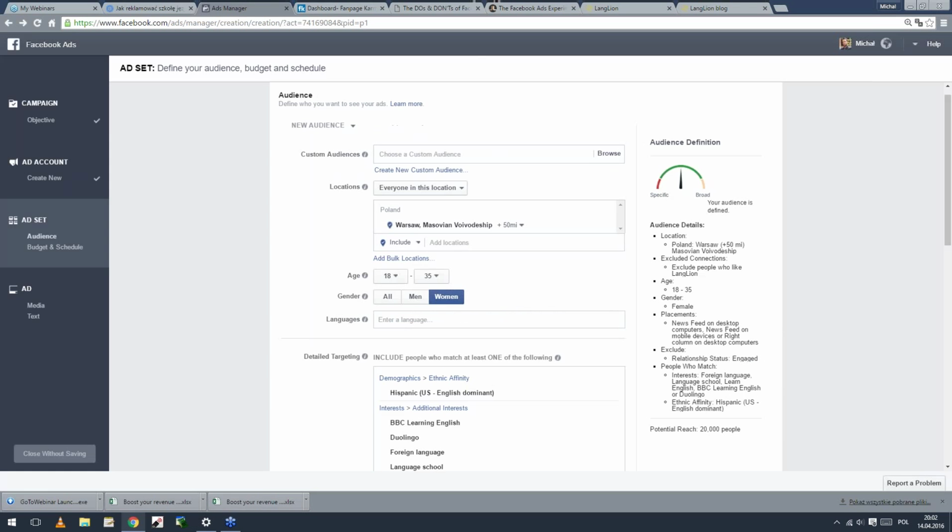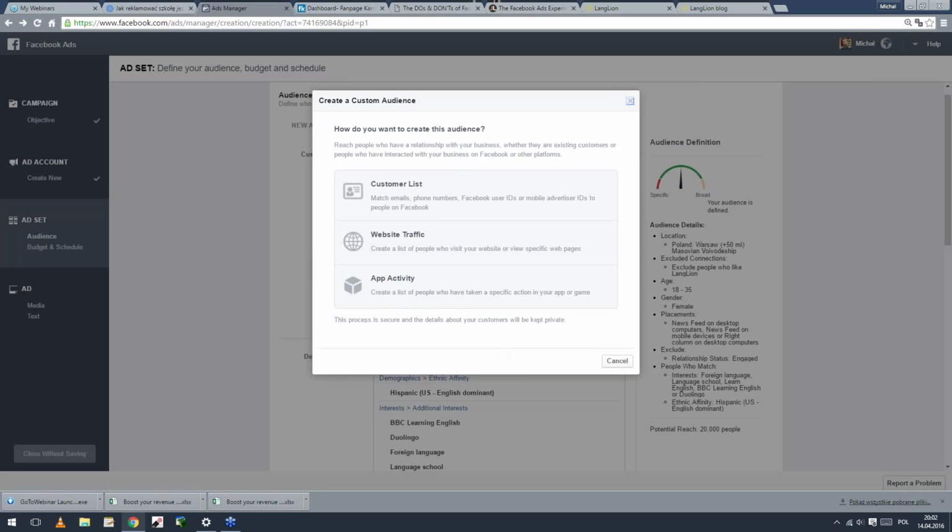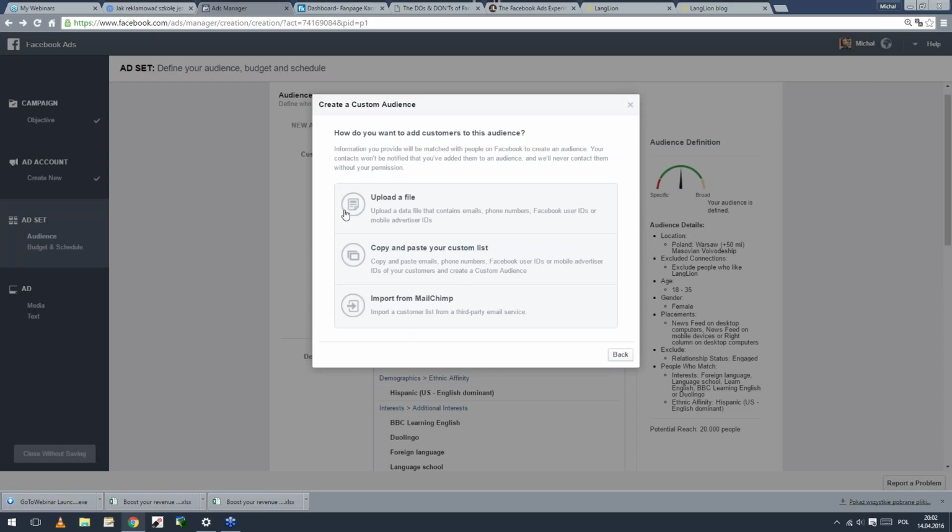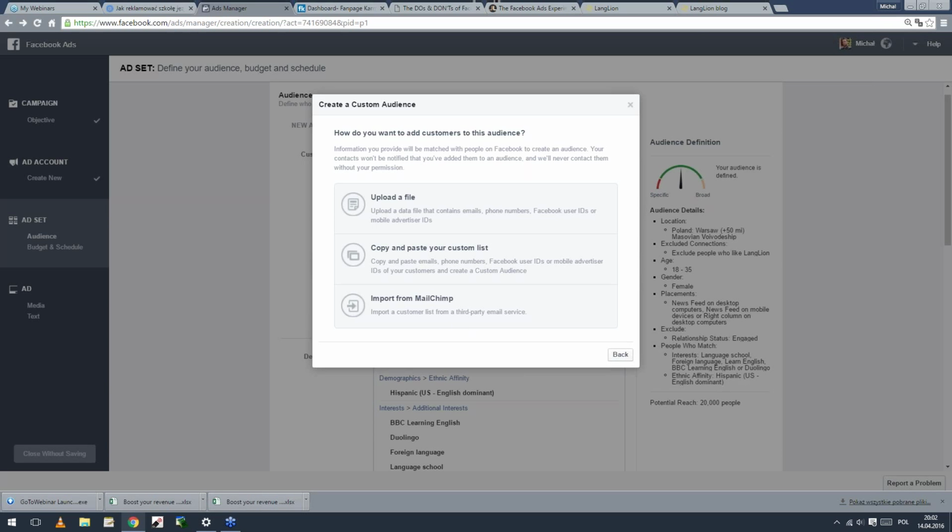So here in create custom audience, this is below the first field, create new custom audience. Here you can upload a file, copy it from different lists, and import from MailChimp. So if you have leads, potential customers, old customers, people who hadn't decided but were negotiating with you, you can upload a file with their emails, and Facebook will find them and send them the ad.